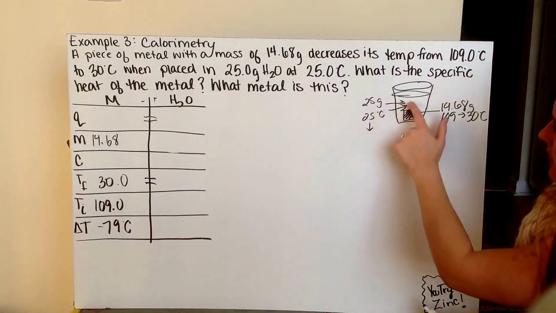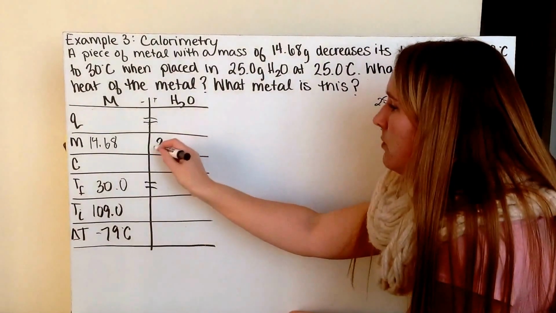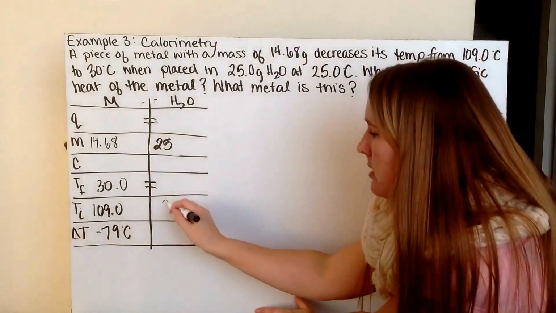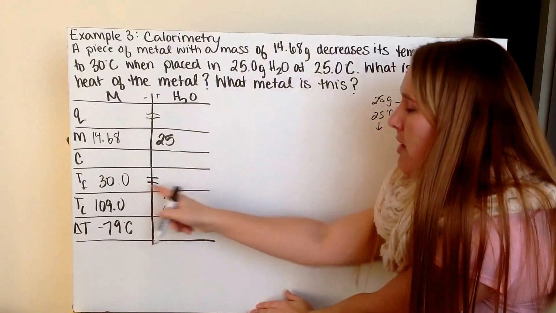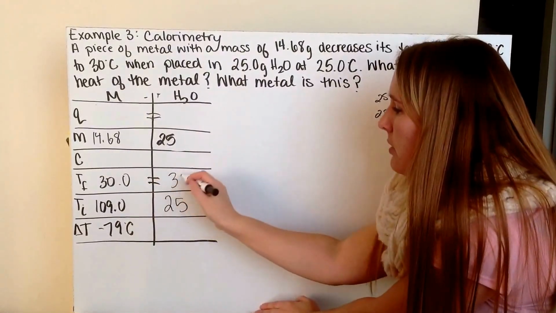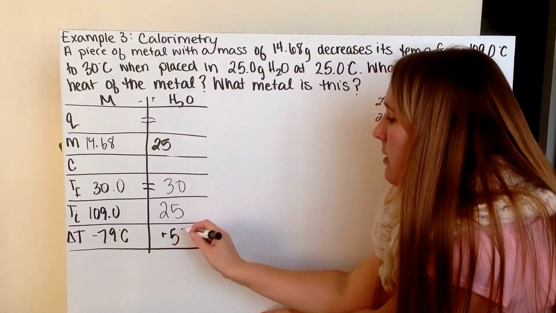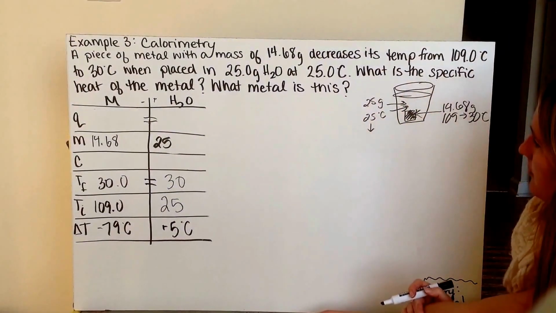I know I have 25 grams of water that are starting at 25 degrees Celsius. I know my final of both are the same, so both end at 30. Final minus initial gives me positive 5 degrees Celsius.